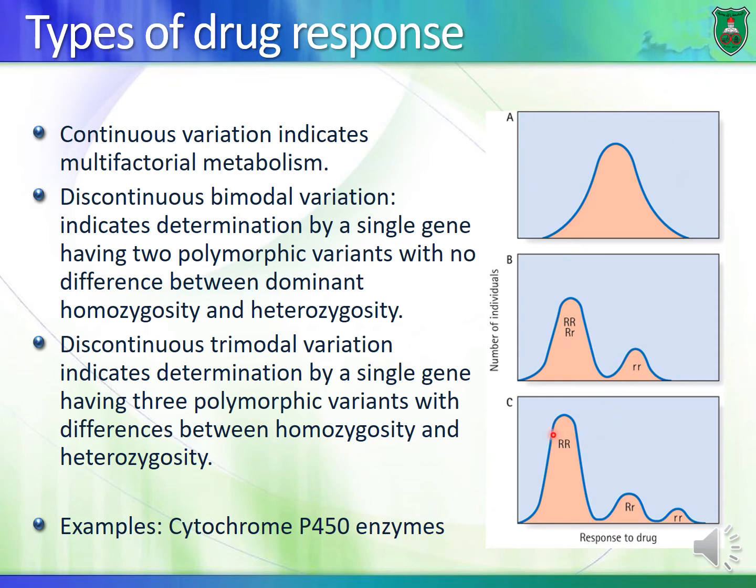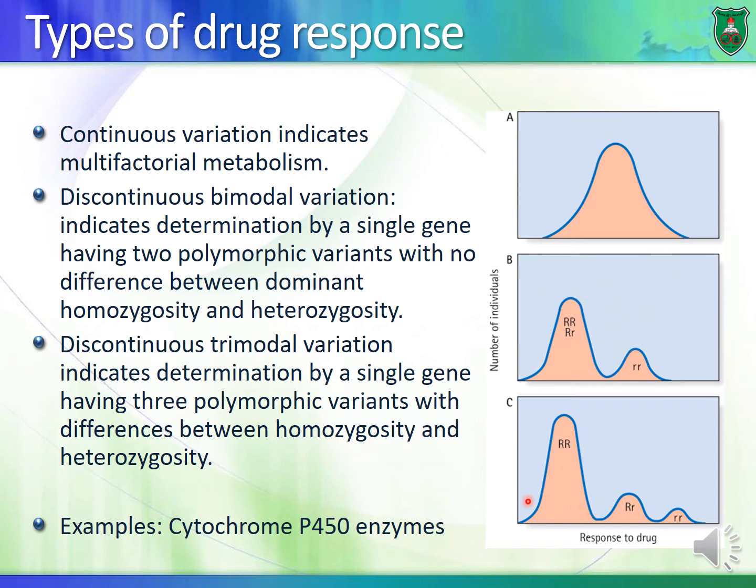Now, for certain other drugs, drug response can take the shape of a bimodal pattern, and this indicates that there is a genetic factor, where the heterozygotes would behave just like the homozygote individuals. People with recessive alleles would have a different pattern than the other group.